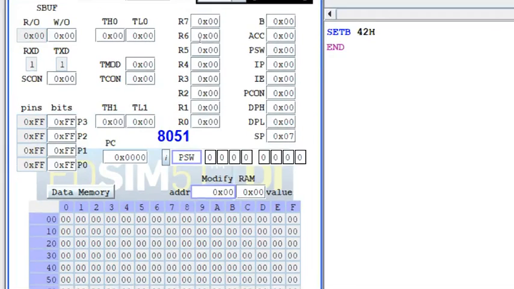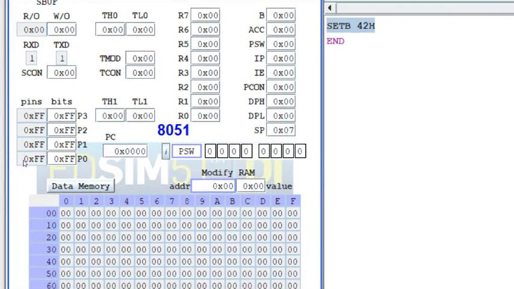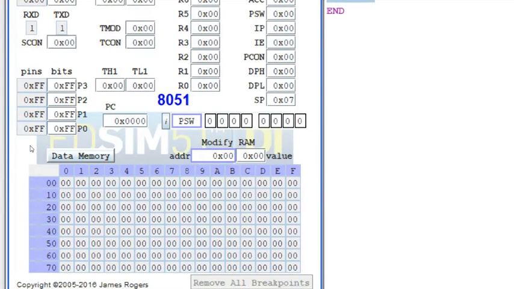Now when I pass this command, set 42H, I told you the locations 20 to 2F are bit addressable. So this is the memory which can be accessed bitwise. So within this, bit 28, where is 28? 20, 21, 22, 23, 24, 25, 26, 27, 28.